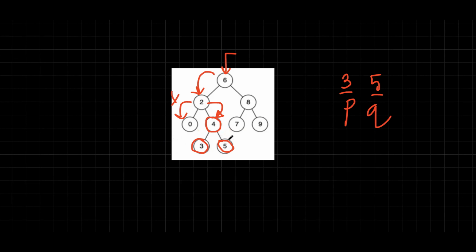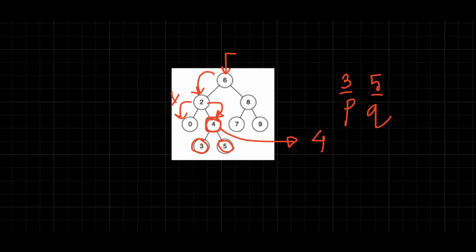So in this case, if one value lies in the left subtree and another value lies in the right subtree, we have to simply return the root. So here, for this problem, the return value will be 4.